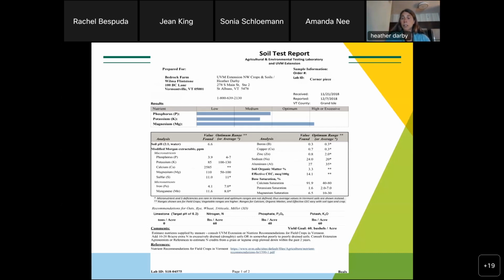In 3 years' time, you will be drawing down those nutrients. And when you go back out and take your soil test, you may see that you were in optimum and now maybe you're in medium, okay? Because crops are removing nutrients. So just because it's optimum doesn't mean that you ignore it forever.